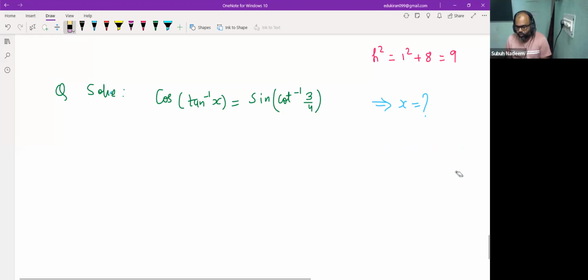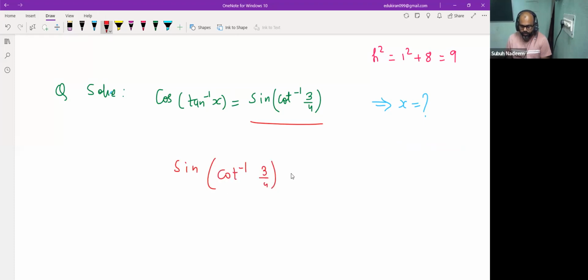So what you have to do here is you will take this right hand side as we were doing in above case. Sine of cot inverse 3 by 4, and let this, the first part of it, let cot inverse 3 by 4 is equal to theta.